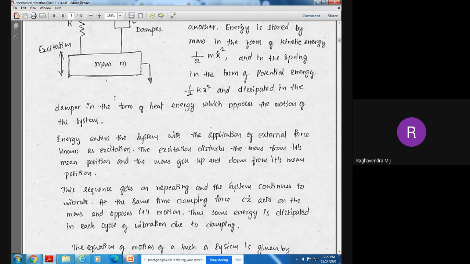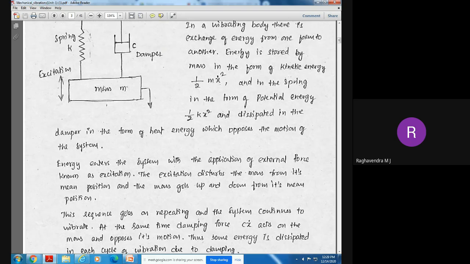At the same time, the damping force C x dot acts on the mass. Whenever the mass oscillates, this damping force C x dot acts on the mass and opposes its motion. Because of the external excitation the mass oscillates, and that is opposed by the damping force developed by the damper.